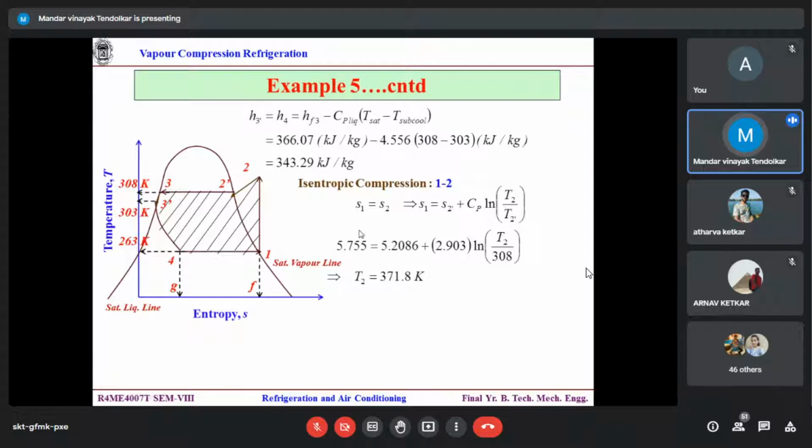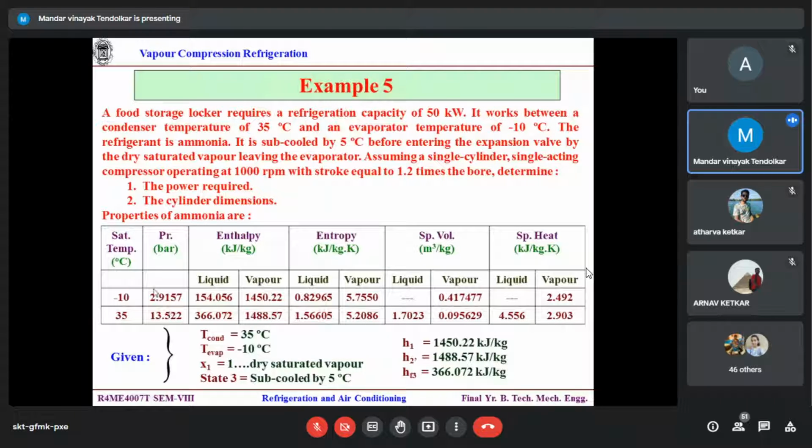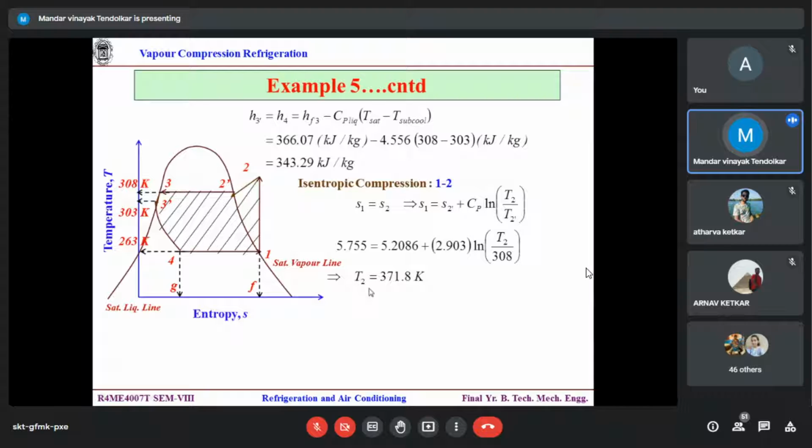So again the same logic. S1 equal to S2. S1 is SG1 and S2 is the superheated part. So Cp ln T2. Now everything is known to me. S1 is SG1, this 5.755. I substitute over here the same thing. Right?